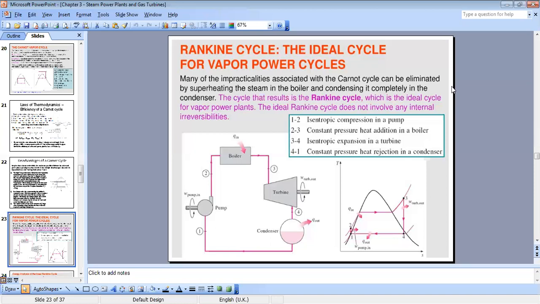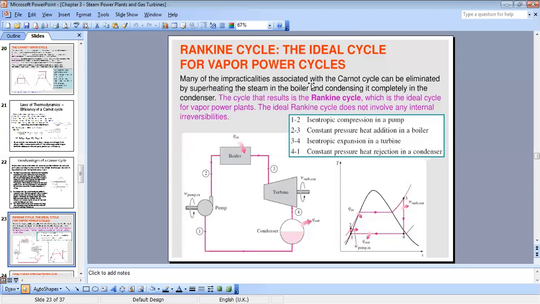What are the solutions? First, because we need to have pumping of a liquid, what we will do is try to have the start of pumping at point 1, which is at the saturated liquid level.